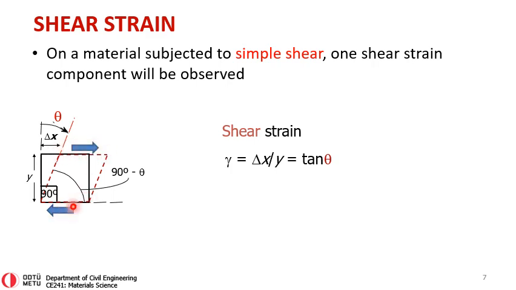And because of this, the square will now distort to a different shape, and the amount of distortion, theta, can be calculated as delta x divided by y. And for small strains, for small deformations, delta x over y will be equal to tangent theta.